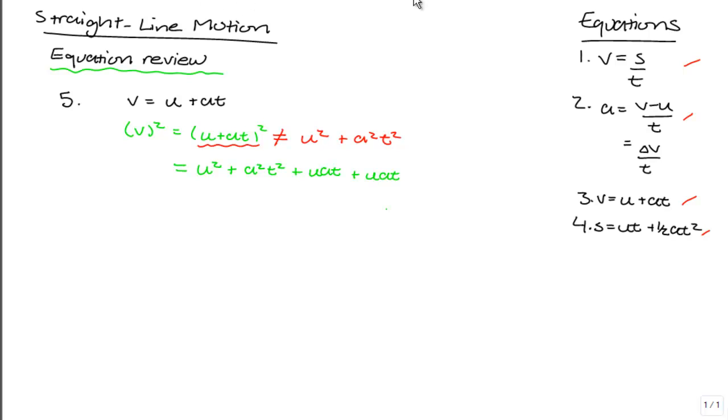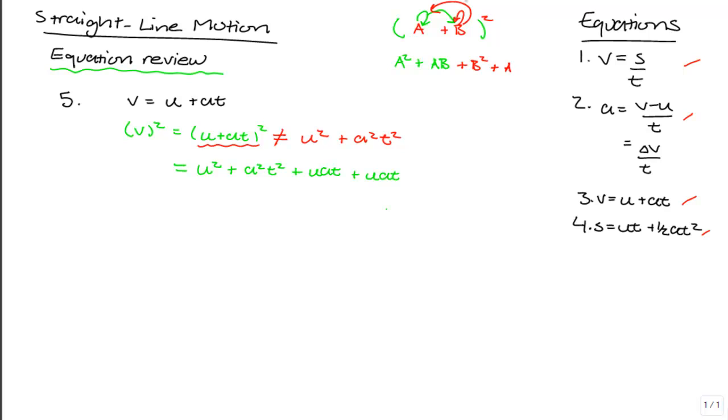If you have in brackets two terms, a and b, that are added to each other, and you square them, then the procedure for squaring it is you multiply a by itself, so you get a squared, then you multiply a by b, so you get ab, then you multiply b by itself, so you get b squared, then you multiply b by a, so you get another ab.